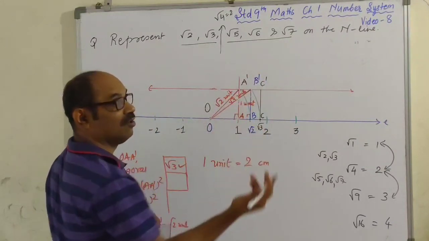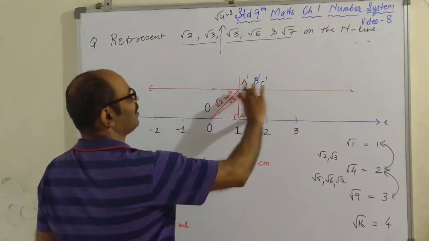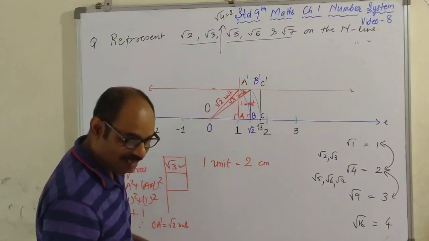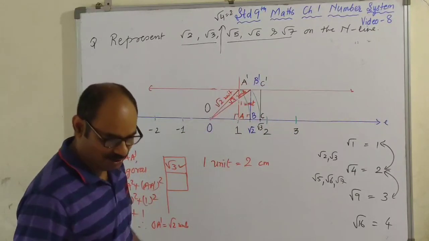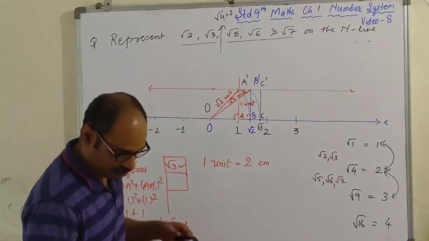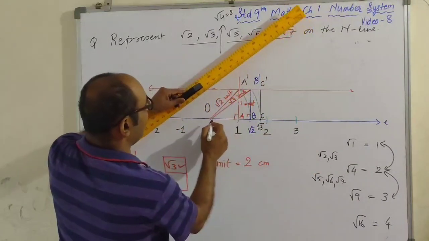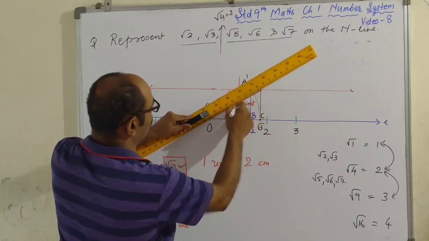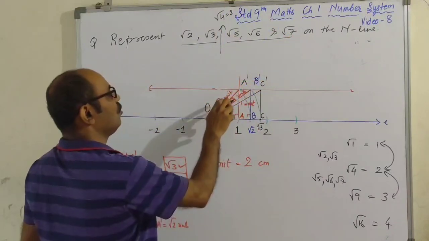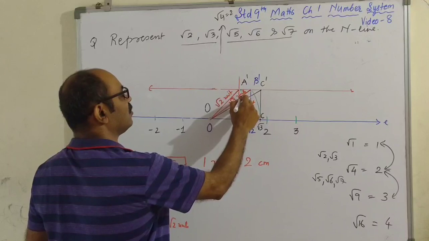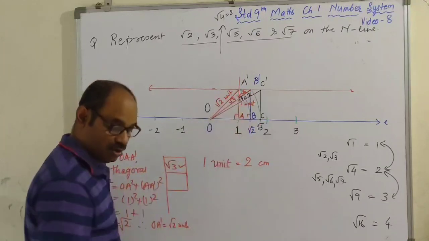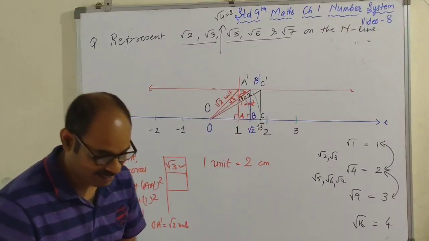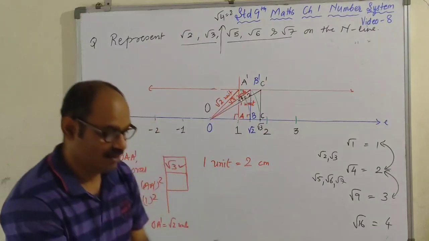CC dash is also 1 unit, because it is the perpendicular distance between parallel lines, which earlier we took as 1 unit. Now you complete the triangle. Draw line segment C dash O, root 2, root 3, and now this is root 4, which is actually 2 units. Correct?